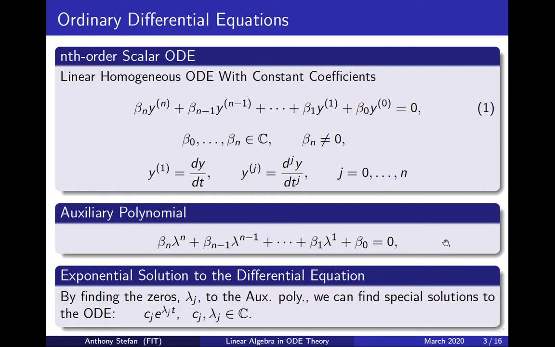Once we find these zeros, we can structure the special solutions to the ODE as c sub j e to the lambda j t, where c j and lambda j are complex numbers. So that would be our solution to the ODE.